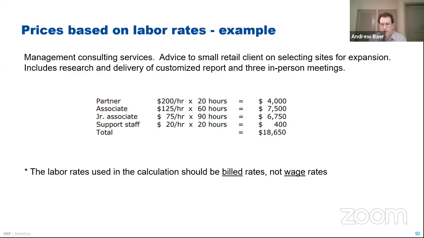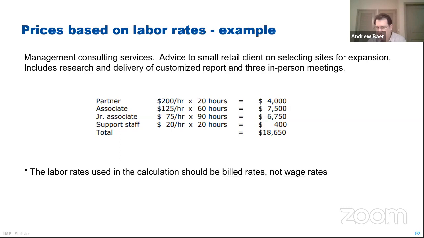The service I've selected includes research, the delivery of a customized report, and 3 in-person meetings with the client. For that contract, a partner will bill 20 hours at a rate of $200 per hour.